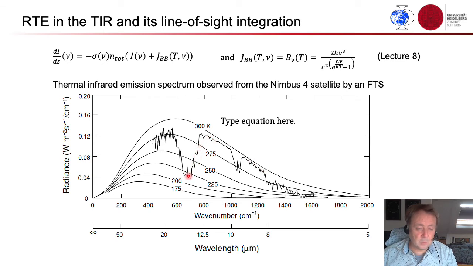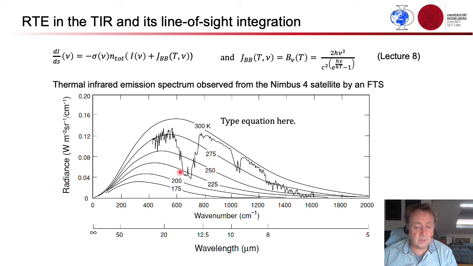Whereas in the absorption features, we can't see the Earth's surface, so we cannot see the emission of the Earth's surface. What we do see is the emitted radiation at a higher altitude, where the atmosphere above that altitude is transparent enough that we can receive that signal. And that is meant here with these different lines which show Planck radiation curves at different temperature.